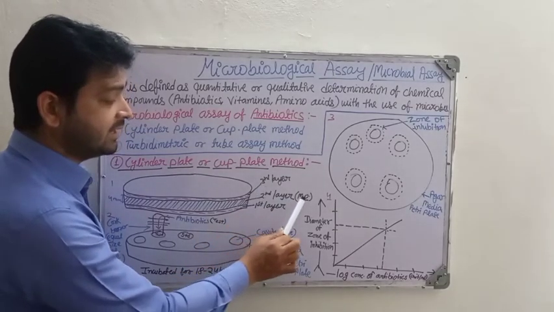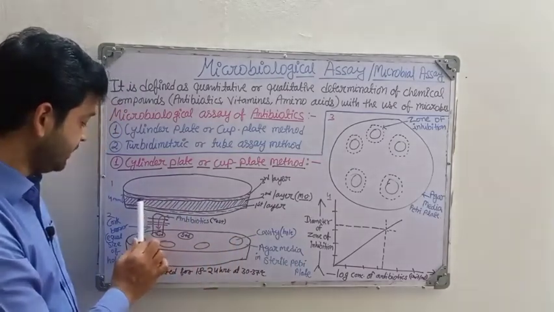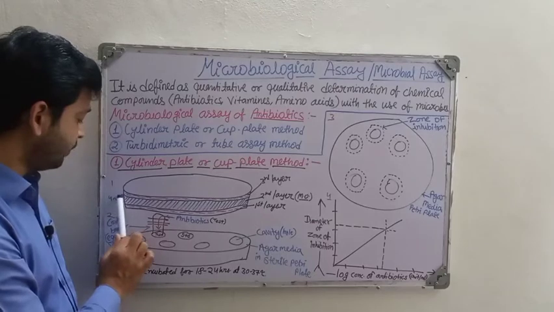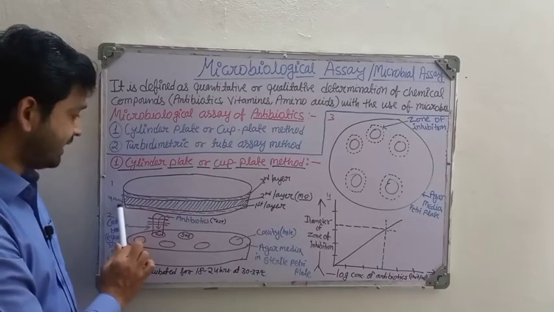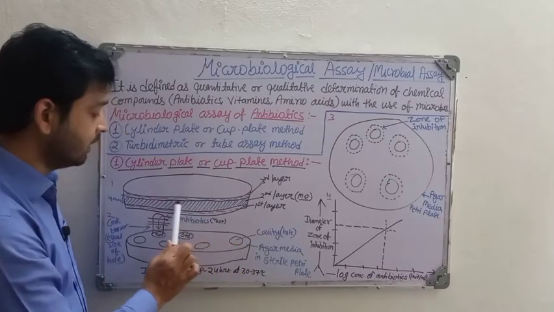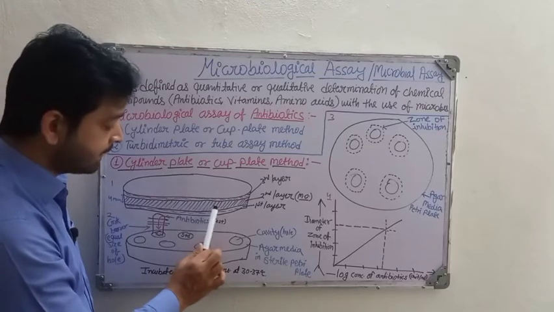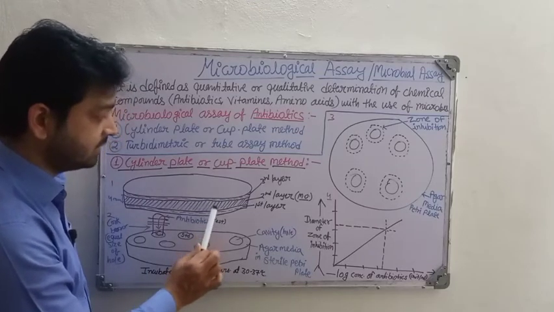The second layer contains the microorganism. The blue part I am showing is the thickness of the second layer, about 4 mm, and the microorganisms are kept there as the sample microorganism, which will be the tool. The first and third layers are filled with media.